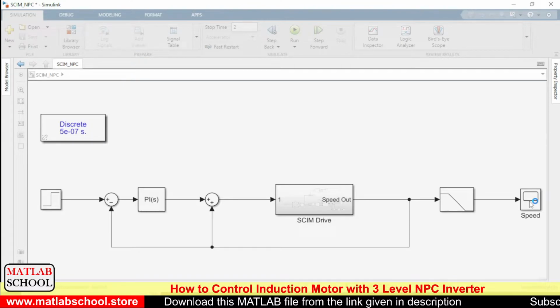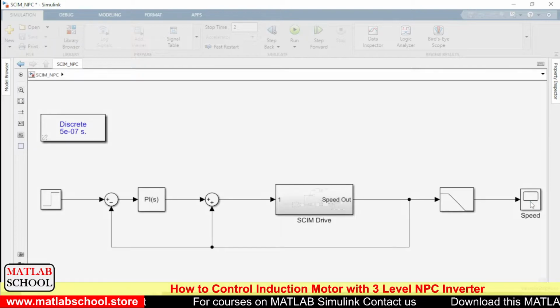Okay, let us run the simulation. I'm running the model in accelerator mode. In accelerator mode, the speed will be somewhat faster than the normal mode.